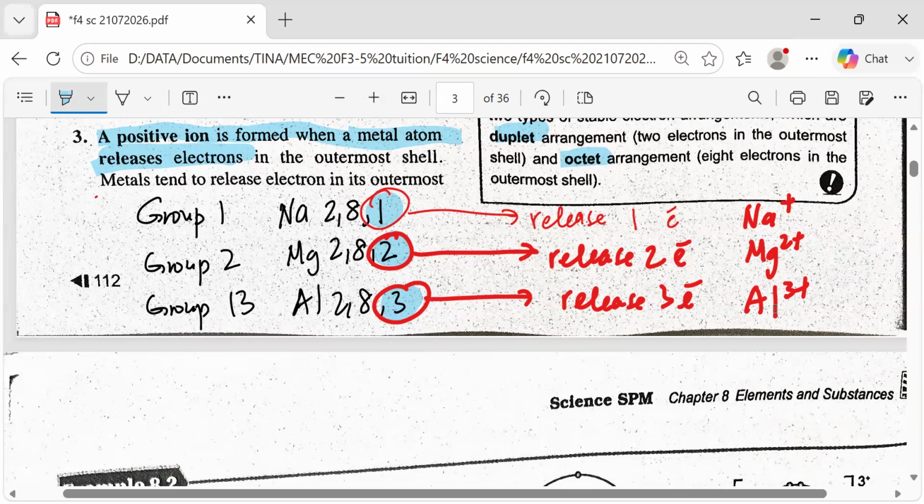Group 1 can only throw away 1. Group 2 can only throw away 2. Group 3 can only throw away 3. You only need to memorize these 3 for metal, for positive. Do you all understand?